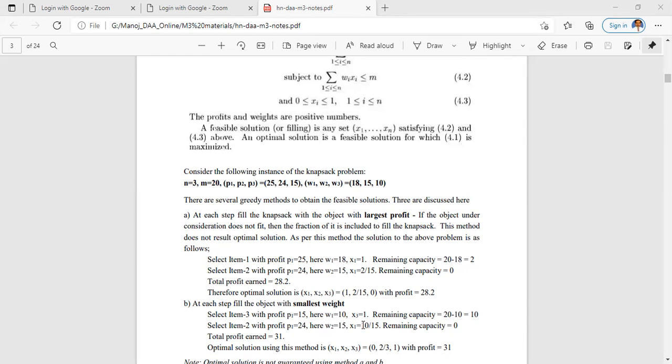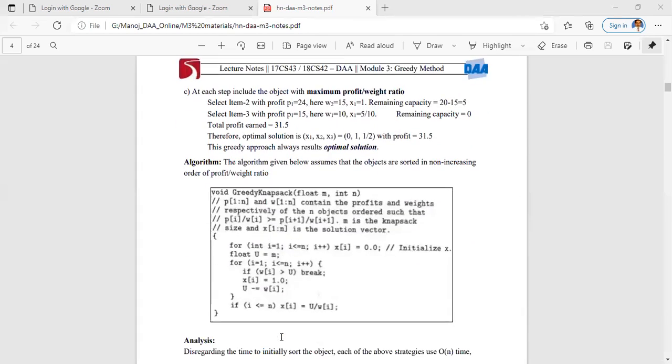You fitted x3 is 1, and x1 is 10 by 15, which is nothing but 2 by 3. When you solve the same thing using P1 x1, P2 x2, P3 x3, the final profit is 31.